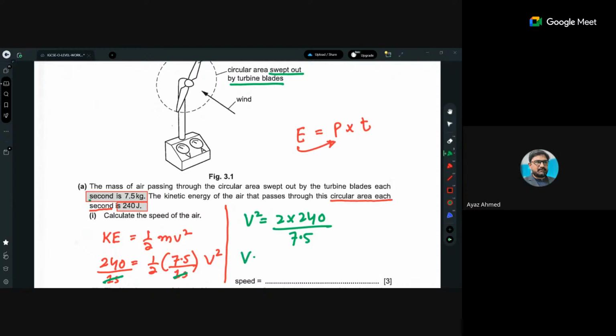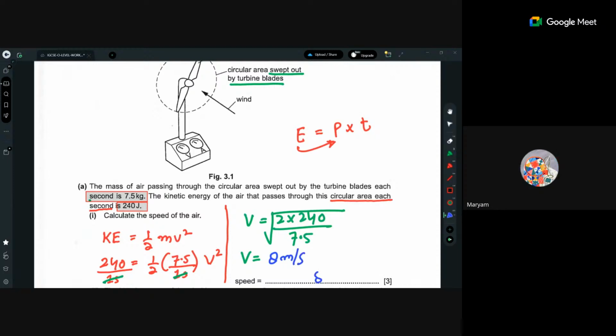When you calculate v, whatever the answer is, you take the square root of that. Just take the square root and let me know the value. 8 meter per second. Its speed is 8 meter per second.